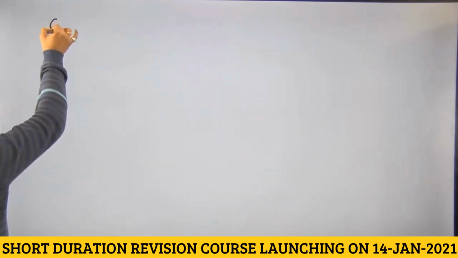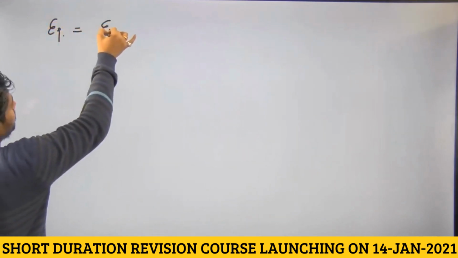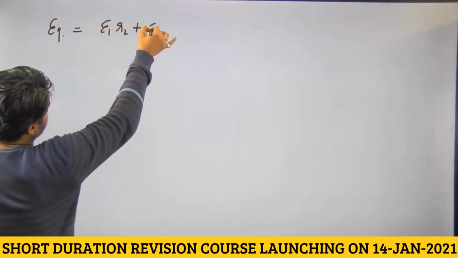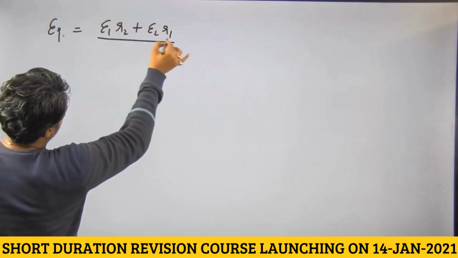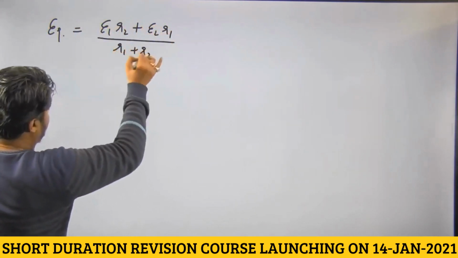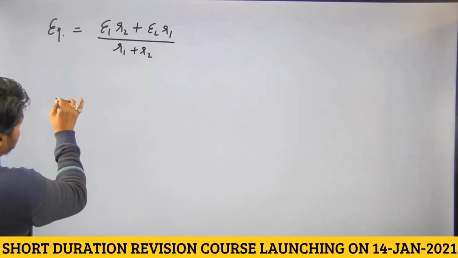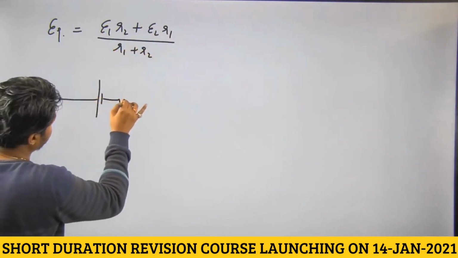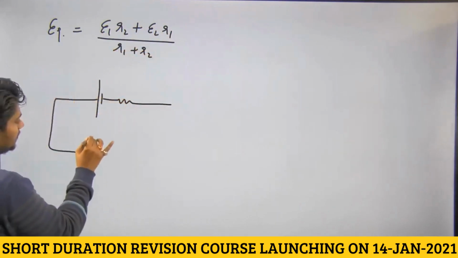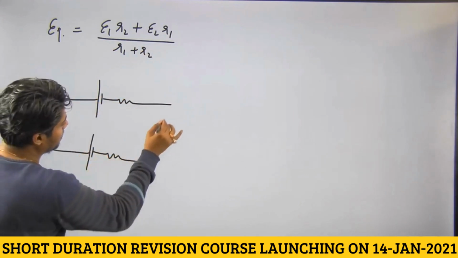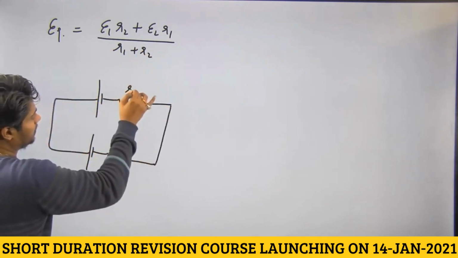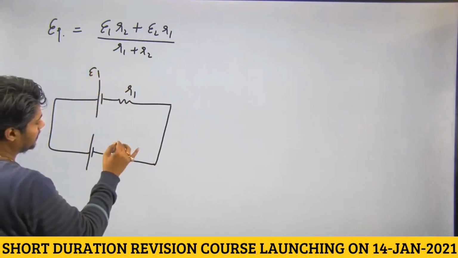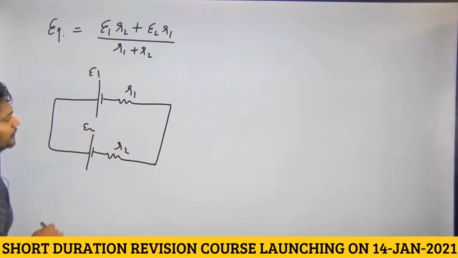Now let us talk about the polarity. When we take positive polarity, that is E is equal to (E1 R2 plus E2 R1) upon (R1 plus R2). For that, please remember this diagram. When both positive terminals are connected to each other, this is R1, this is E1, this is R2, this is E2.